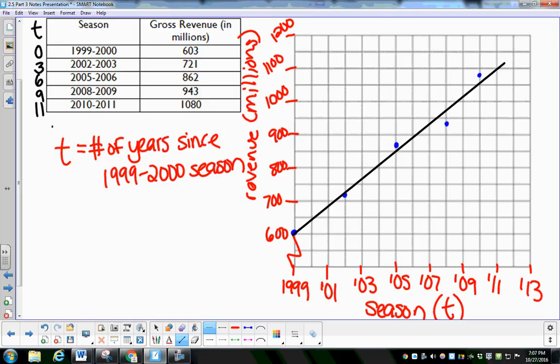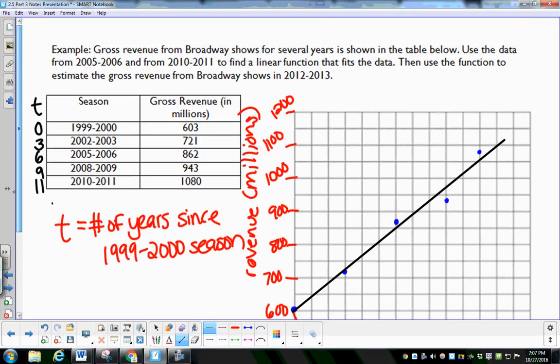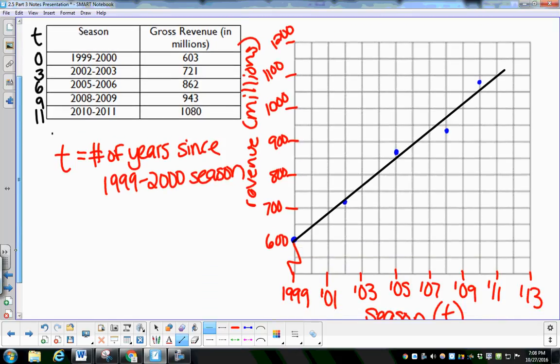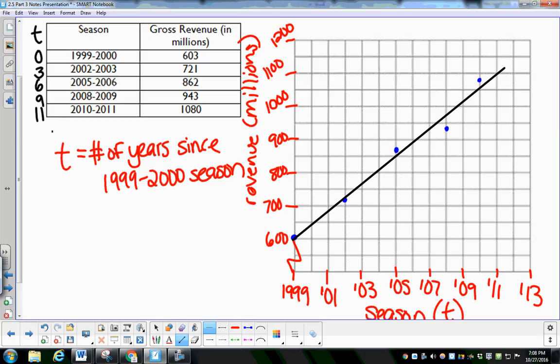Now, in this problem, it's kind of funny. Usually problems don't do this, but they actually said use the data from 2005 and from 2010 to make this linear equation. So we actually don't want to make that line. We only want to go through the points from 2005 and 2010. I'm going to mark those in green. 2005 and 2010.